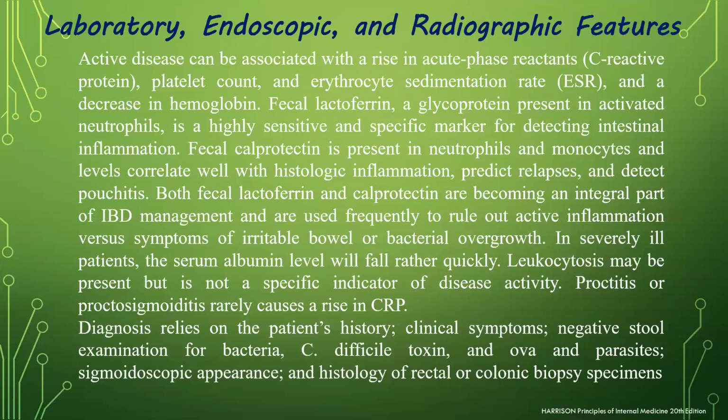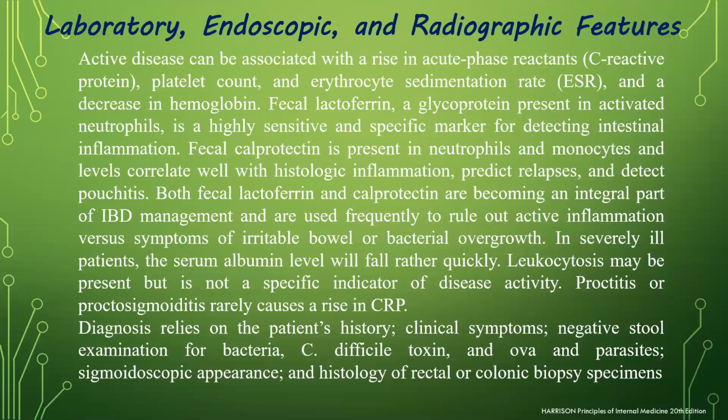Fecal calprotectin is present in neutrophils and monocytes, and levels correlate well with histological inflammation, predict relapses, and detect pouchitis. Both fecal lactoferrin and calprotectin are becoming an integral part of inflammatory bowel disease management and are used frequently to distinguish active inflammation versus symptoms of irritable bowel or bacterial overgrowth.